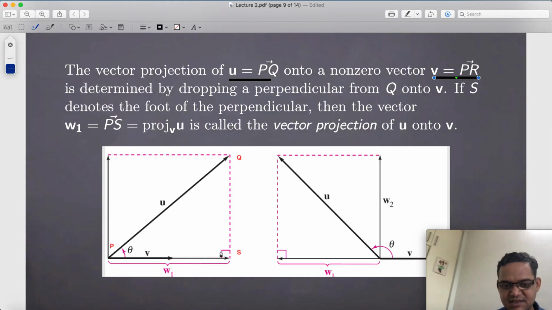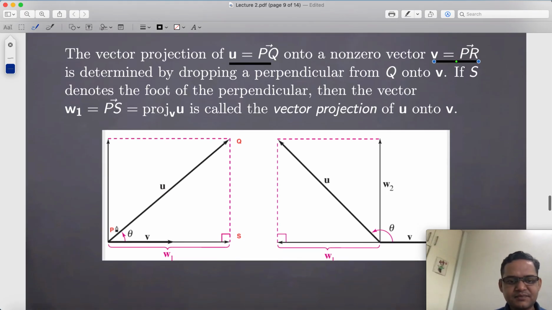So this angle over here is a right angle. So I have a right triangle over here, and this is u, this is b, and this vector which we see here, written as w1, is called the projection. Basically, we have projected this vector onto the other given vector b.